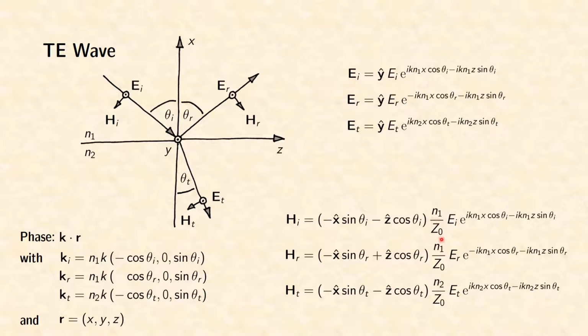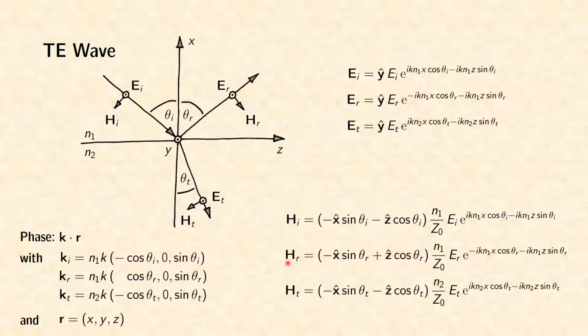We used the impedance of vacuum here and added the respective refractive index. So in total, this factor and E_i is the amplitude of the magnetic field. The phase factor is exactly the same as here.